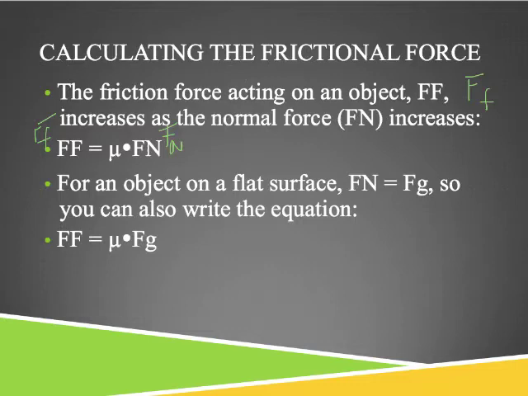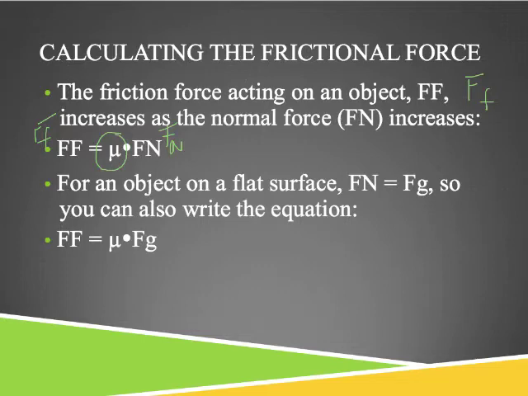Alright. For every surface, there is a specific correlation, kind of like a constant, that determines the relationship between the force of friction and the normal force of the object. Alright, because normal force only exists if you're on a surface. Okay? So that's why it's the normal force that indicates friction.